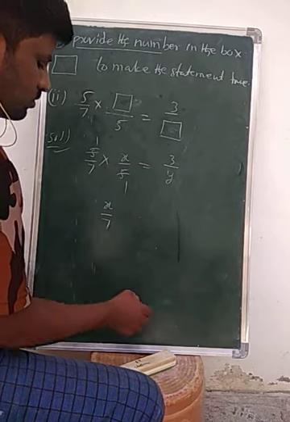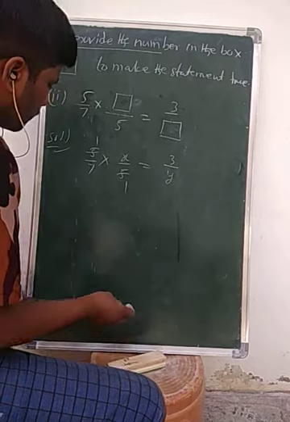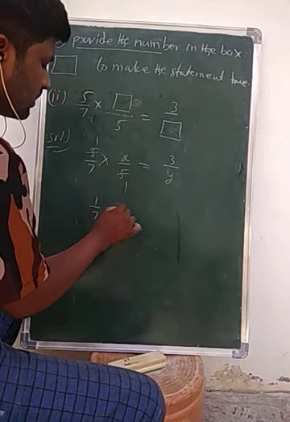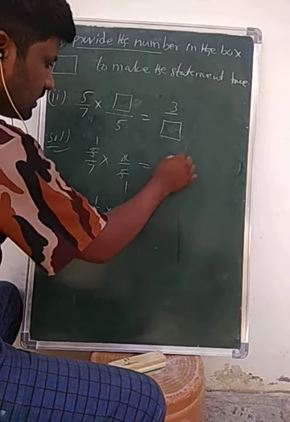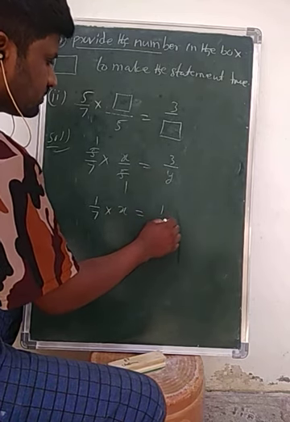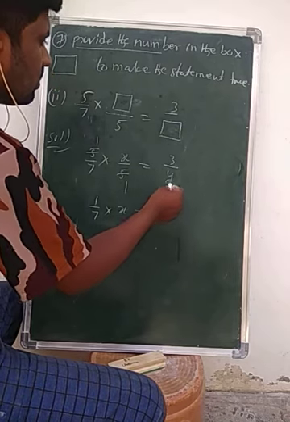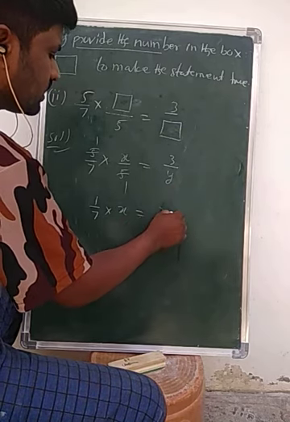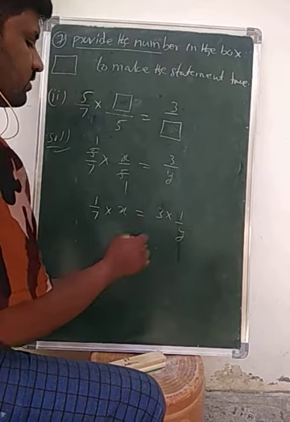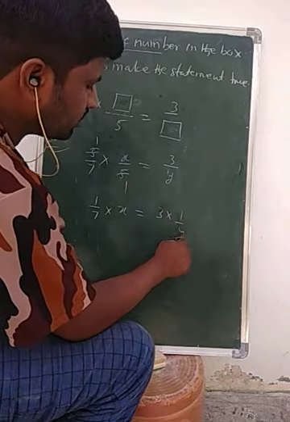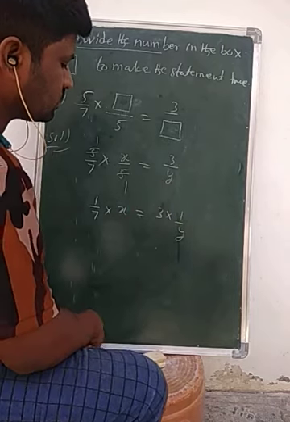Or we can write it like this: 1 by 7 into x, and here we can write 3 into 1 by y. That is 3 1s are 3 by y, so it again becomes 3 by y.